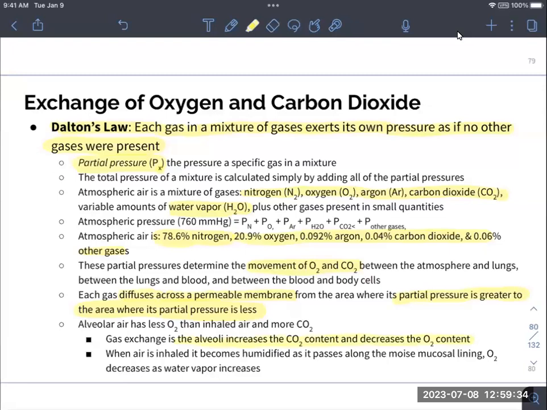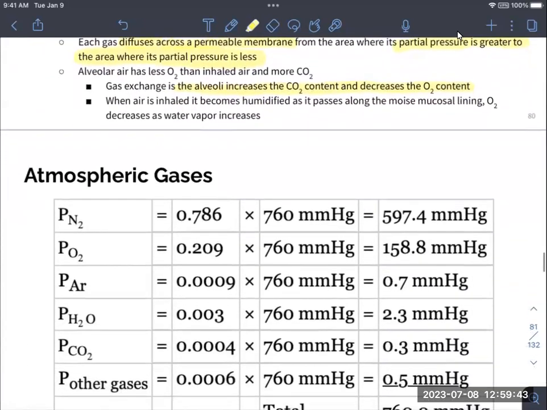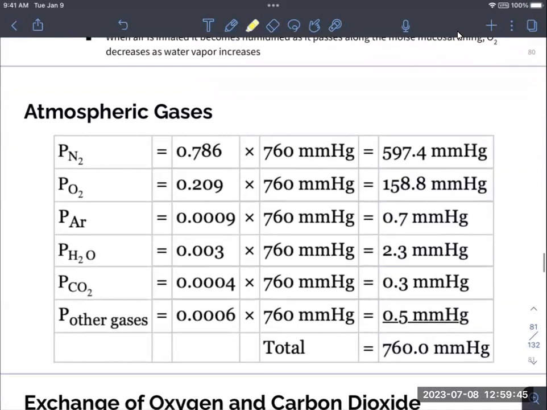That carbon dioxide diffuses from the blood back into the lungs. So this kind of shows us these different atmospheric pressures and how these different gases make up that 760 millimeters of mercury that we find in atmospheric pressure.